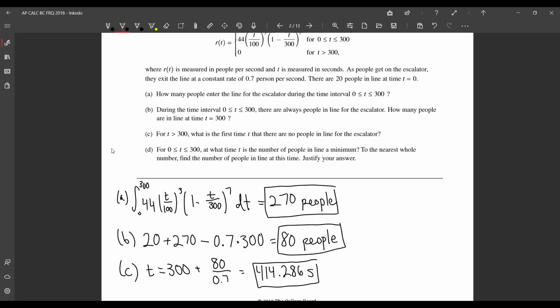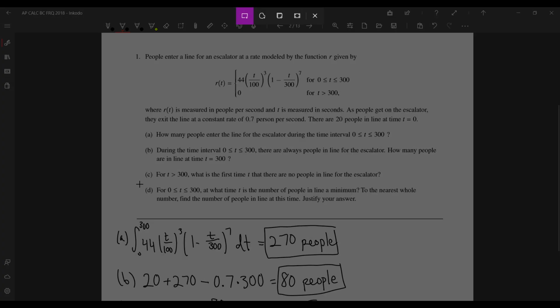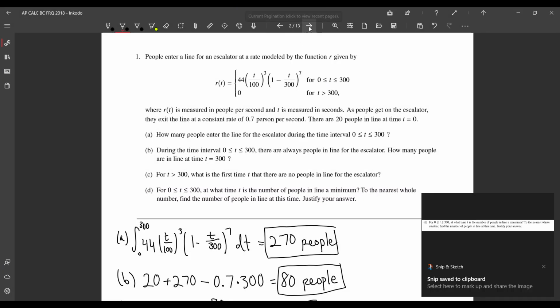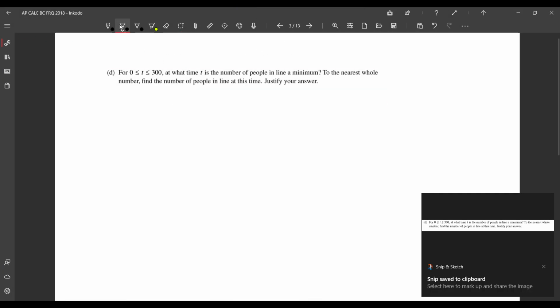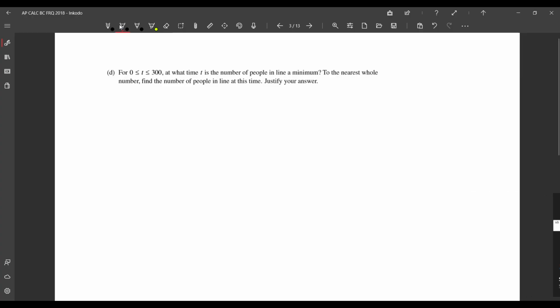At what t is the line at a minimum? Alright, so I'm just gonna bring this to the next page. So, okay, let's think. This is part D. Our number of people starts out as 20, and then we have the integral from 0 to t of r of x dx.